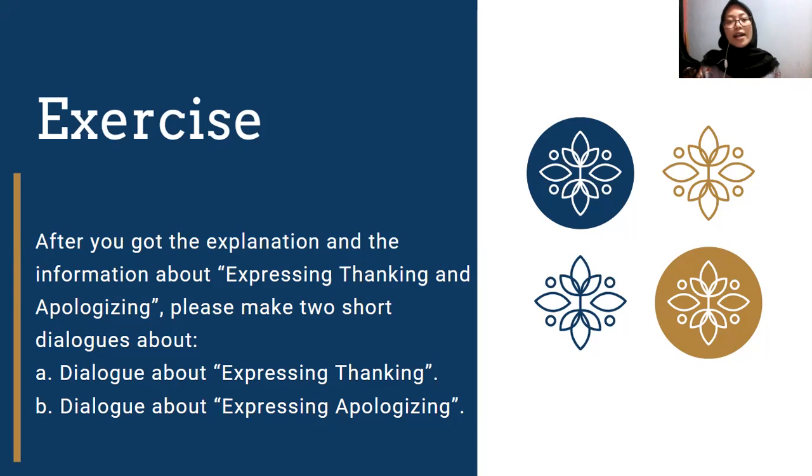So we have learned today about expressing thanking and apologizing. Expressing thanking is the expression we use to say thank you to other people, and expressing apologizing is the expression we use to apologize if we make a mistake. And what are the examples? Great, everyone. Examples of expressing thanking are thank you very much, thank you so much, I appreciate your kindness, and so on.